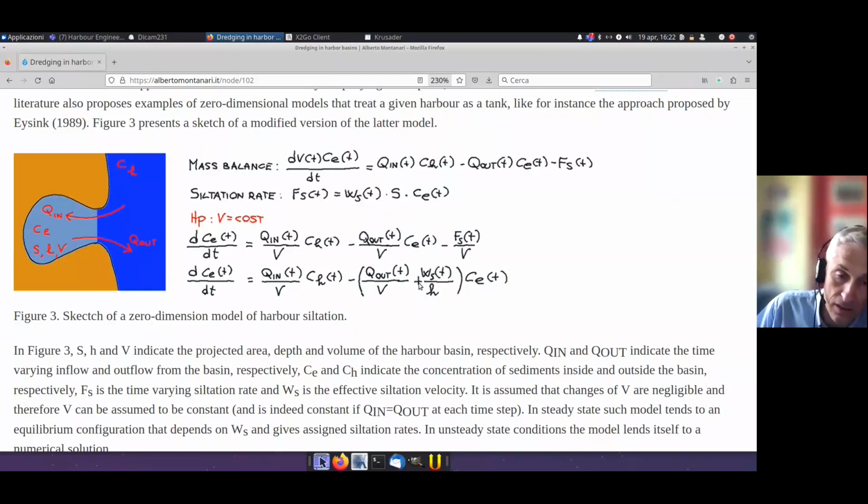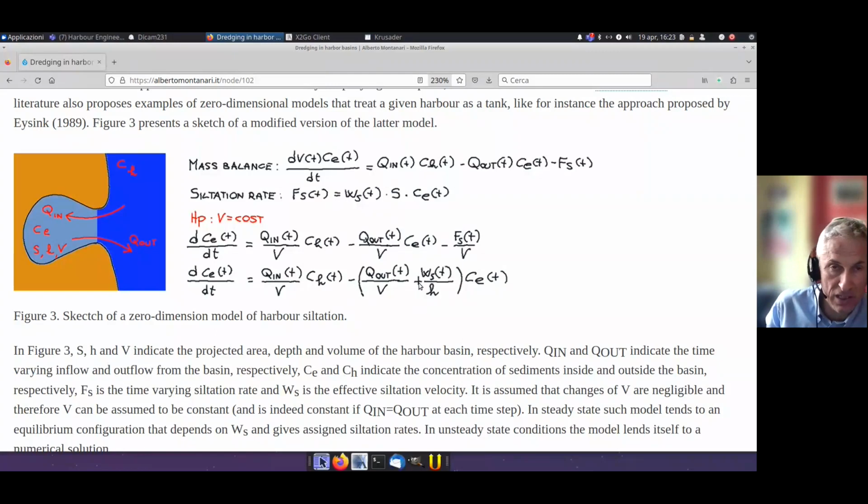And here we can integrate this equation to describe the change over time of the inside concentration. Of course, we need an initial condition here, an initial condition for the inside concentration.